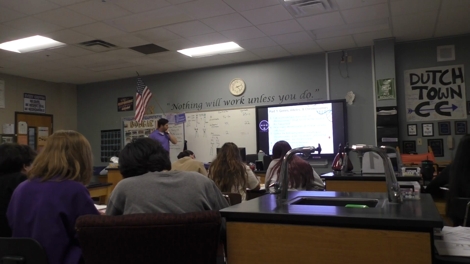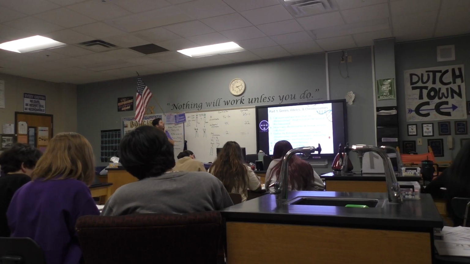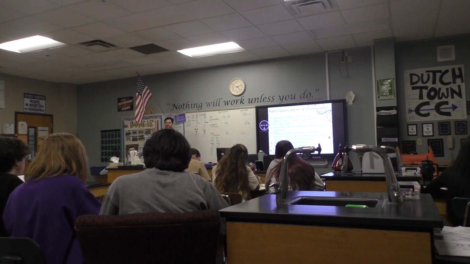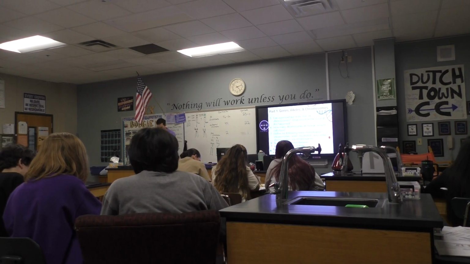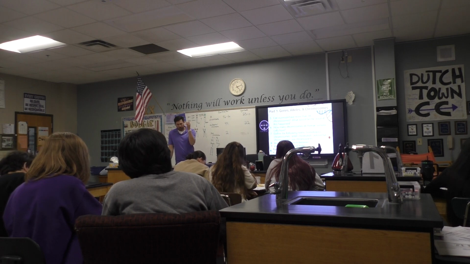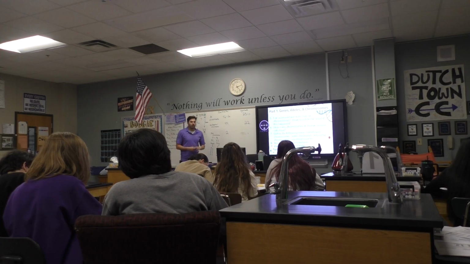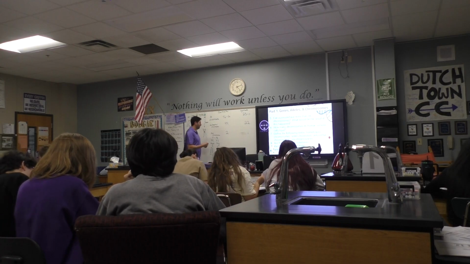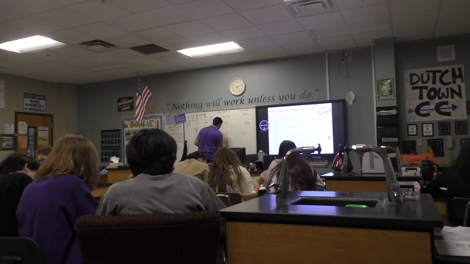Now, how many homologous pairs does a somatic cell have? 11. Alright, that's it? So, what were some options that we said? Alright, so you said 23. Okay, so 23. What else?